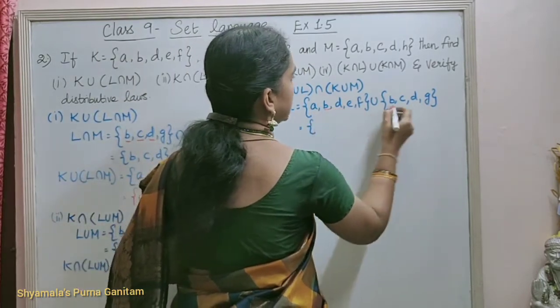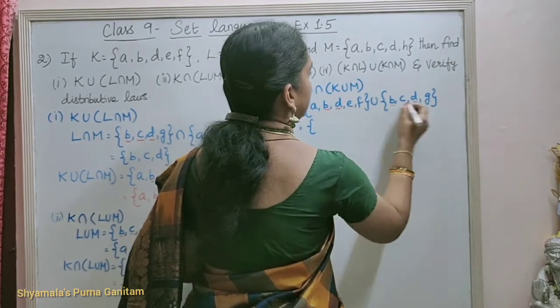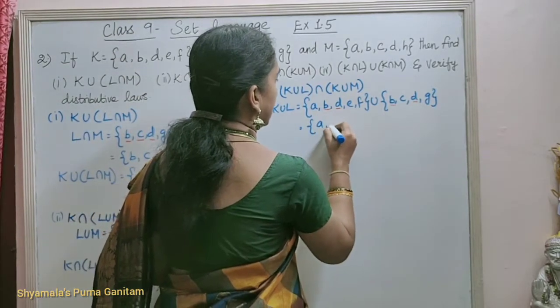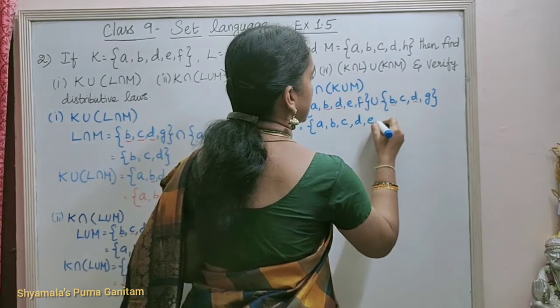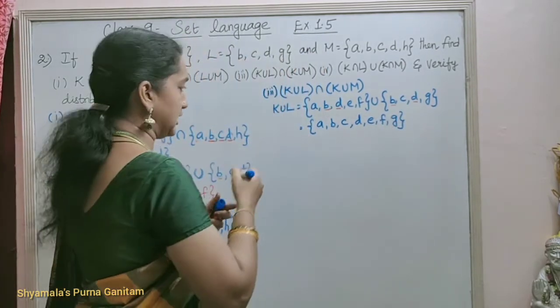In this, B and D are common, so we will write that one time. So A, B, C, D, E, F, G. So this is K union L.